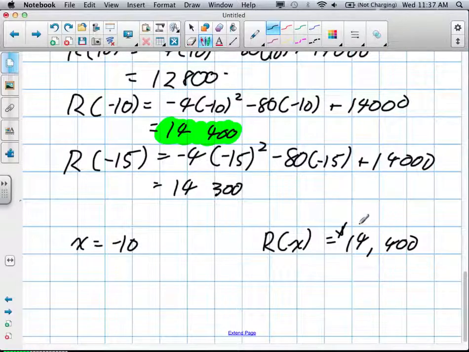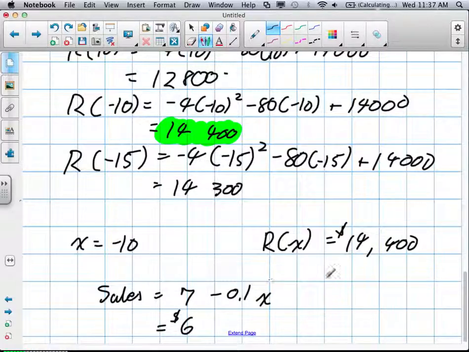And our sales price and amount of people, important to know, remember sales price was equal to $7 minus 0.1x, well, our new sales price is $6. Sorry, this is a plus, $6.90, no, it's a dollar decrease, it's $6.